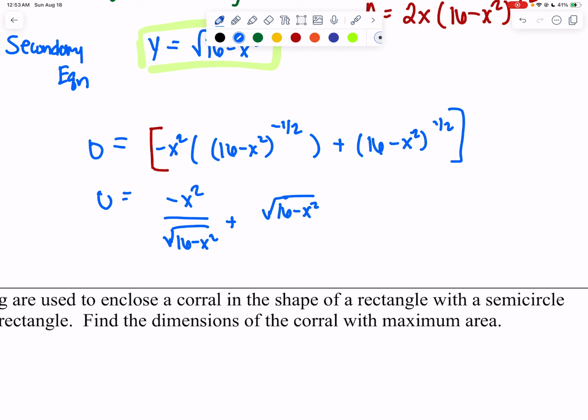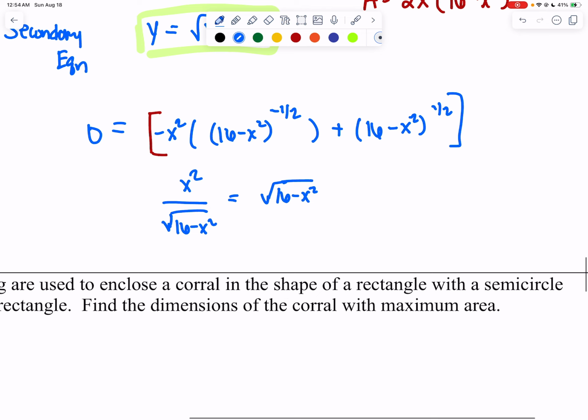I'm going to move this thing right here to the left, so that this is positive, and this is now an equal sign. So now I have that lovely thing right here. And then I'm just going to multiply this to the right. So then I'm going to have this lovely thing. Okay. So that just cancels out my radical.